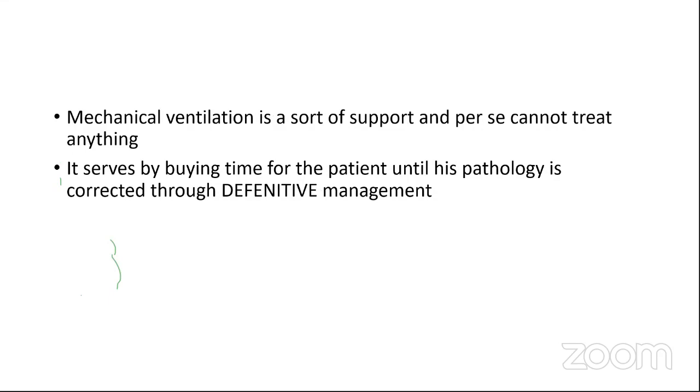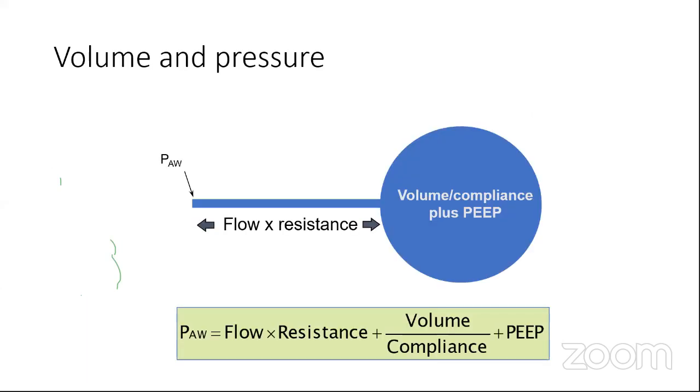If we did understand this, this is more than enough, but then I'll take you very quickly through some details of mechanical ventilation. But before I go, I want to show you these two figures that can illustrate the relationship between volume and pressure. During mechanical ventilation, what we want is volume.